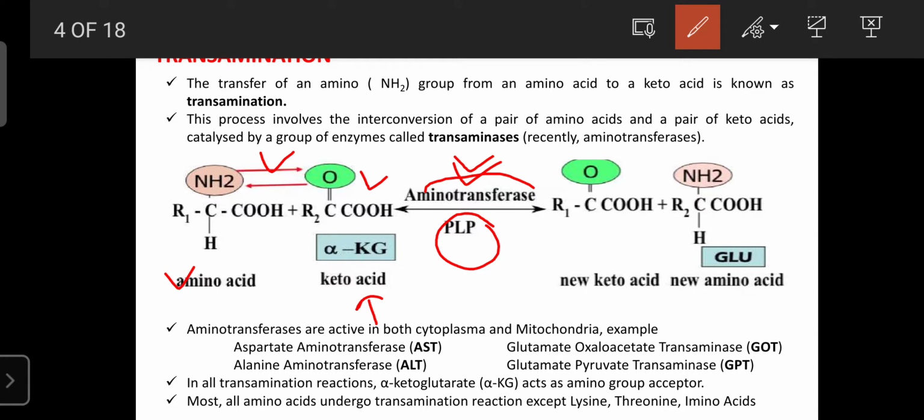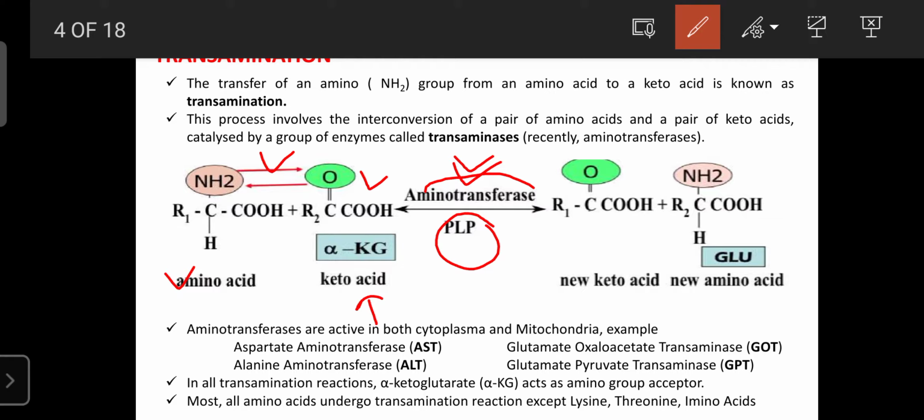So this PLP, the pyridoxal phosphate, plays an important role: it first accepts the amino group from the amino acids, then it is passed to the keto acids in the presence of the aminotransferase enzyme. Like that, the transamination reaction, the transfer of the amino group from amino acid to keto acid, occurs in the presence of the transaminase enzyme, also known as the aminotransferase enzyme.